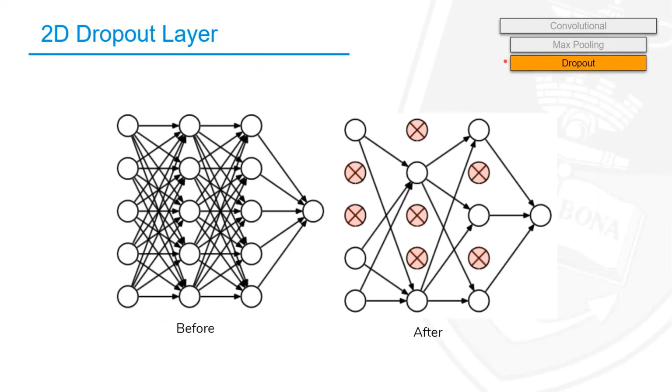The third layer is your dropout layer. The dropout layer is shown here, where on the left-hand side we have a fully connected neural network with 1, 2, 3 layers and an output layer. After the dropout, what has happened is there are certain nodes in the layer that have actually been removed, and therefore all connections that correspond with that node, everything leading to the node, everything leading from the node, have also been removed.